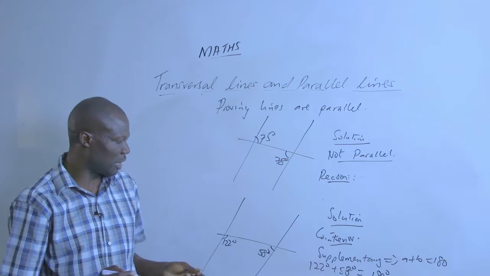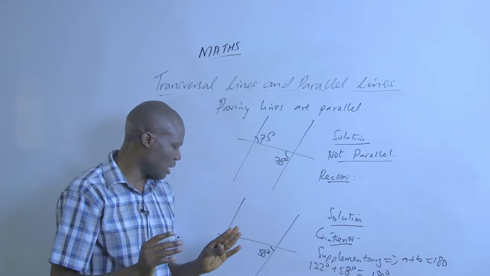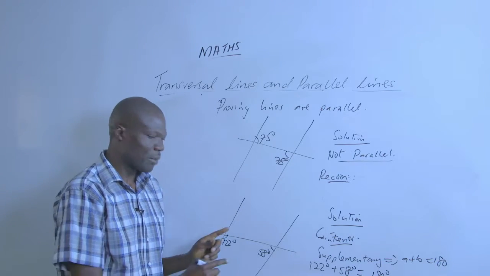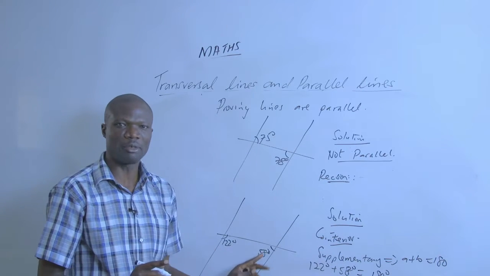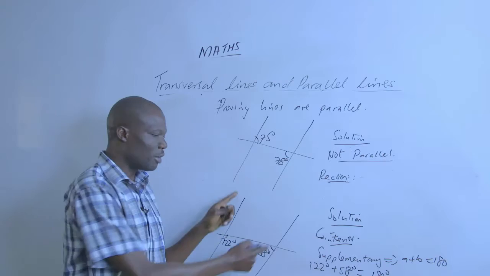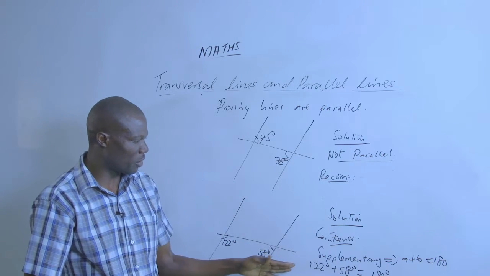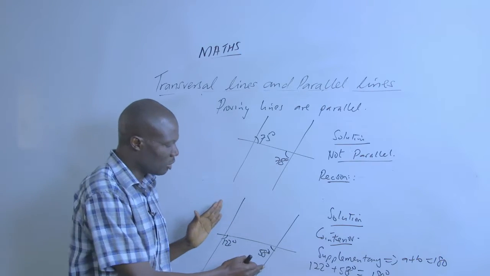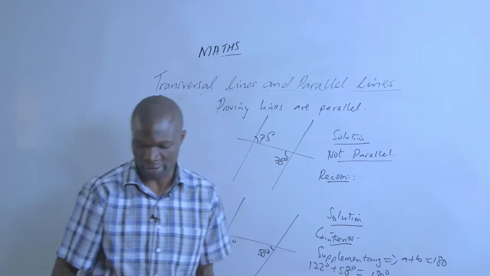And if that is true, then the two angles are co-interior. The two angles form a supplementary, that is, they add up to 180 degrees. Therefore, the two lines are parallel. So we have been able to identify that these two lines are parallel and these two lines are not parallel.